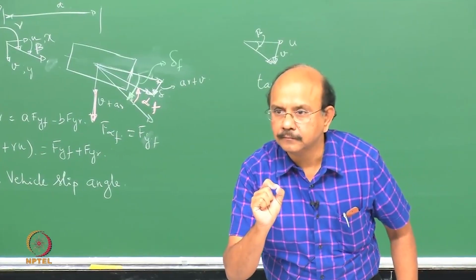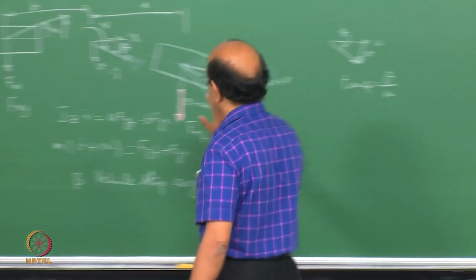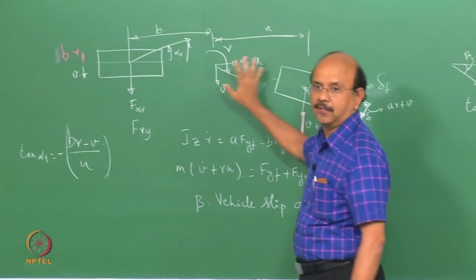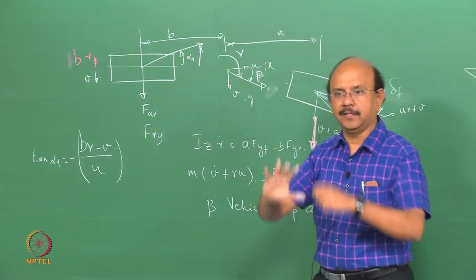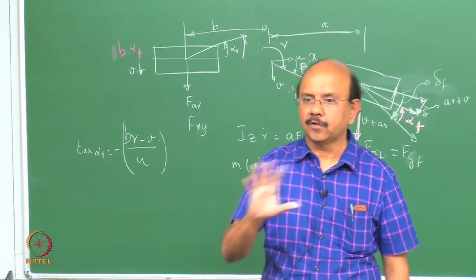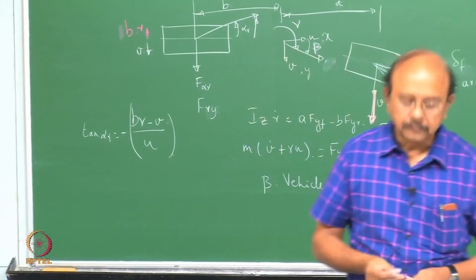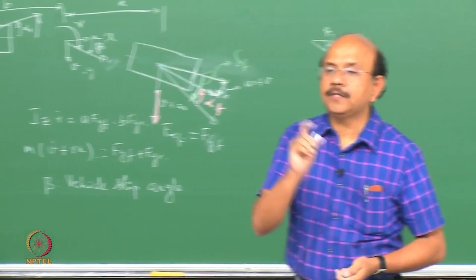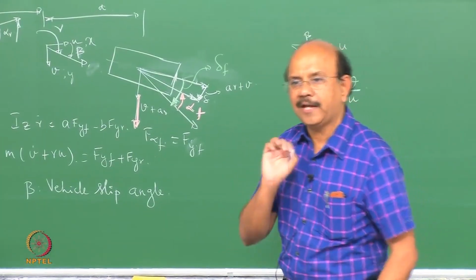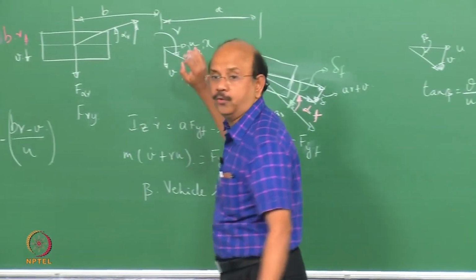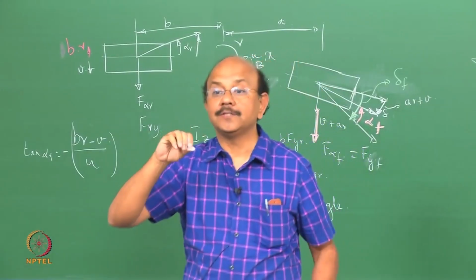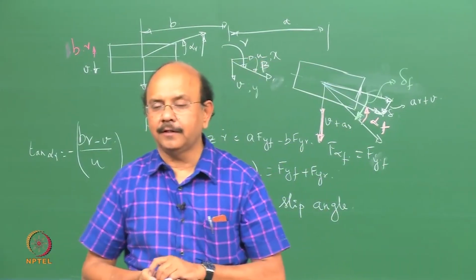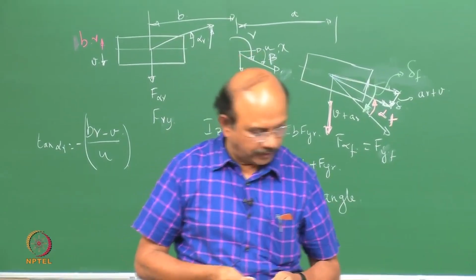Longitudinal velocity will be the same for both, of course. Longitudinal velocity u is constant. We are not touching u, because the vehicle is moving in the same direction with a constant velocity u. When I look at the variation of u, I am looking at longitudinal dynamics, which was the first equation we looked at in the last class.